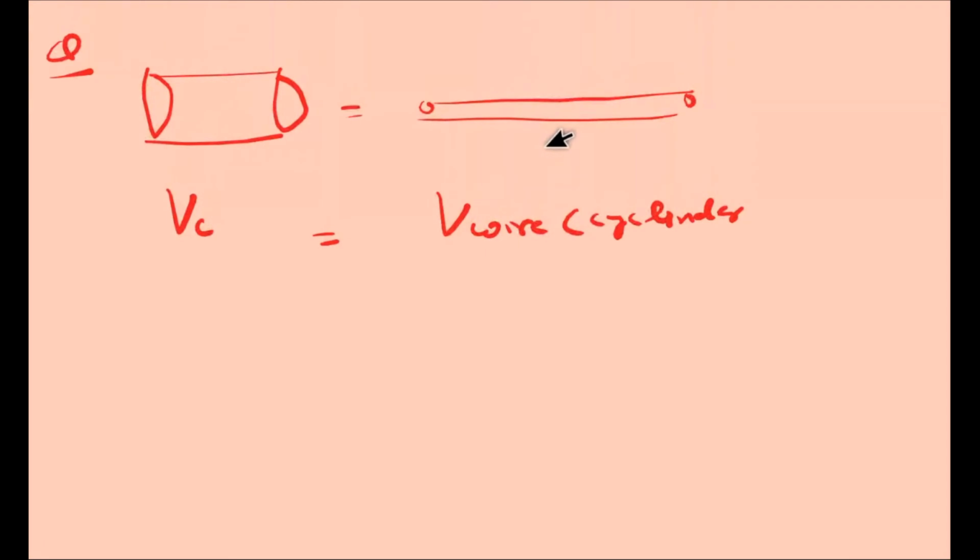Wire is also in cylinder form and copper rod is also in cylinder form. 8 centimeter is height or length, and diameter is given 1 centimeter, and this is changed into the wire, and let the length of the wire be 18 meter.